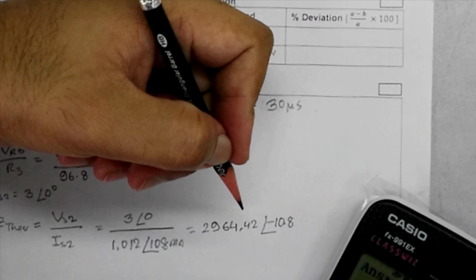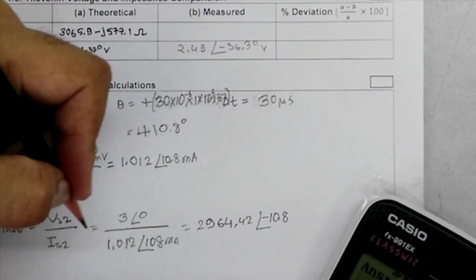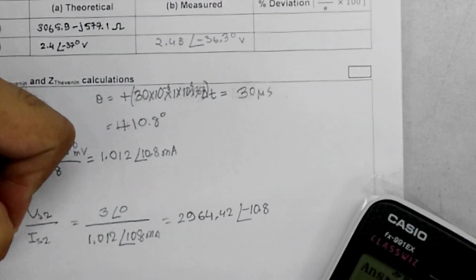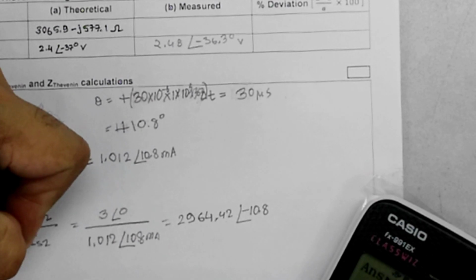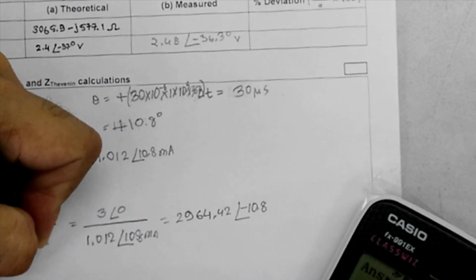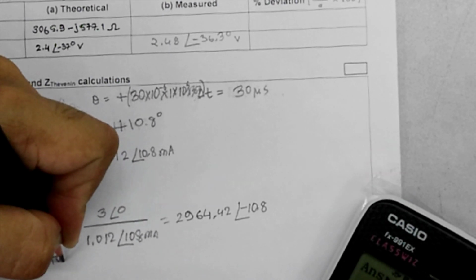So from this Z Thevenin we will have to find R Thevenin and C Thevenin.